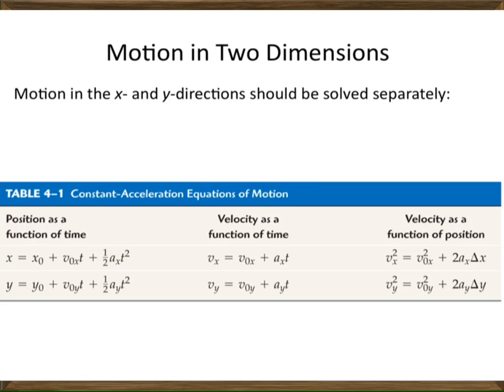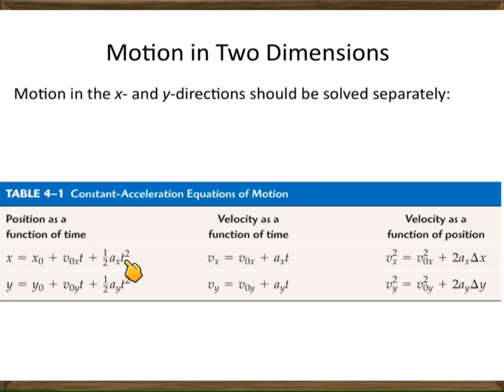In the case of constant accelerated motion, remember, the position as a function of time was given by this formula: x is equal to the initial position x0 plus the initial velocity in the x direction, v0x, times t, plus 1/2 ax, the acceleration in the x direction, times t squared.